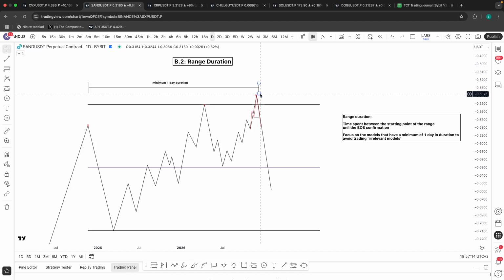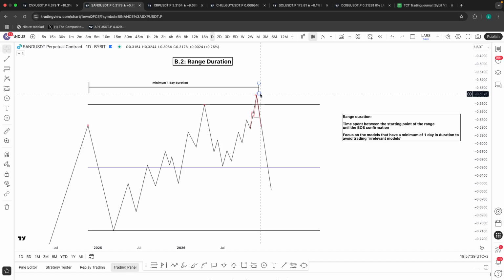But this is going to help you avoid taking these low time frame models that do look good, but they're not relevant enough. Unless you are very advanced in context building and you know exactly where you want to see which model, then you can trade the lower time frames. And we are going to be diving into some exceptions of this rule later on in the next section.